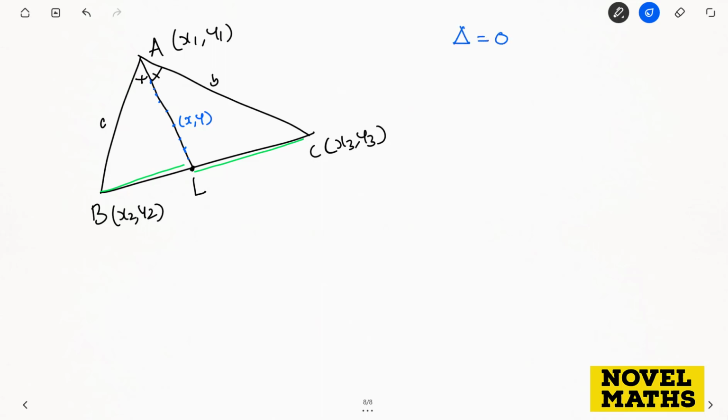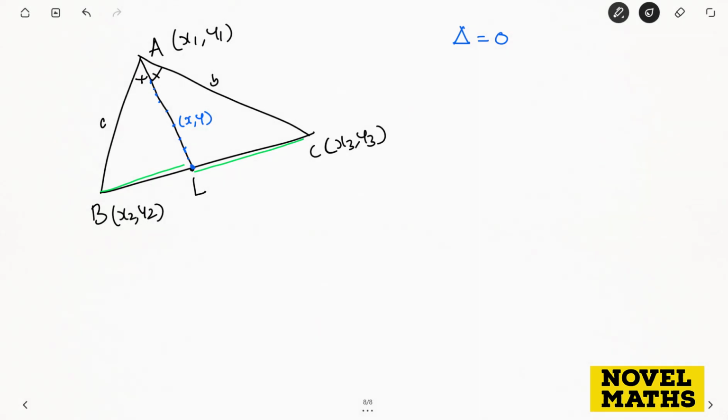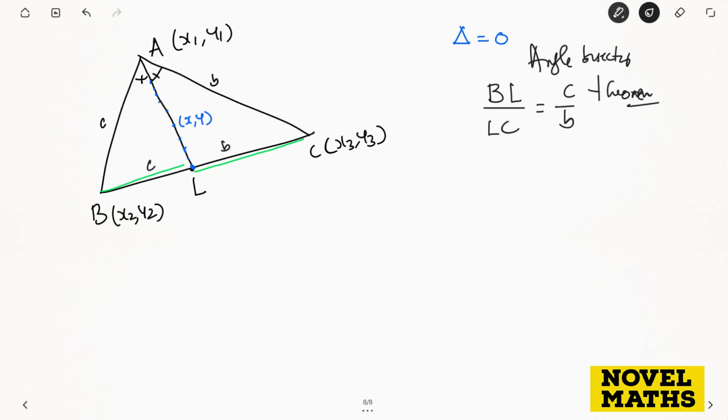But to do that, you need to get the coordinate of L also, right? How to get the point L? Already this is given, c and b, not values, these are ratios, right? BL over LC is c over b using what? Angle bisector theorem. If you don't know, you can look into the section formula video.